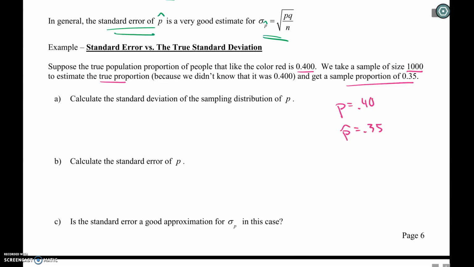Calculate the standard deviation. So standard deviation is the square root of pq over n. Parameter values: 0.4 times 0.6, all over 1,000.